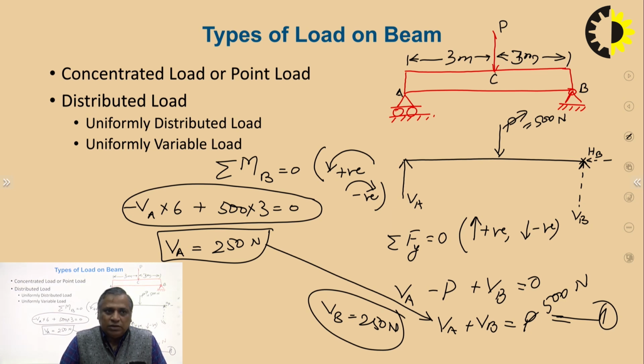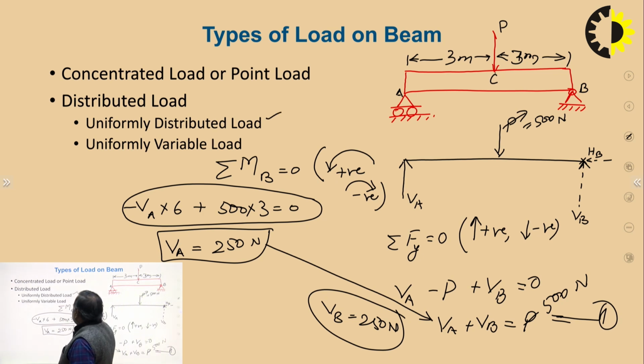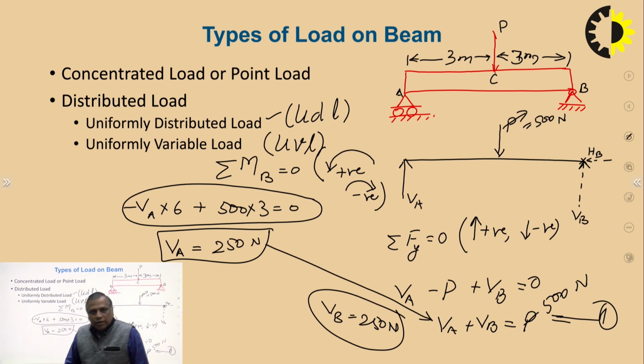So we will learn in this lecture how we can convert these distributed loads into equivalent point loads. Before that, we will discuss the primary types of distributed loads. There are two types: uniformly distributed load, that is UDL, and uniformly variable load, that is UVL. So I will discuss these.